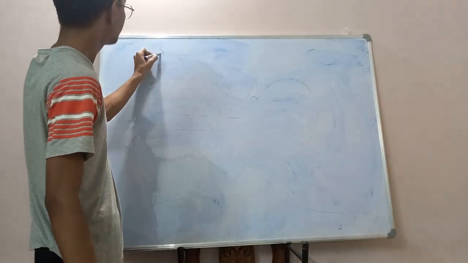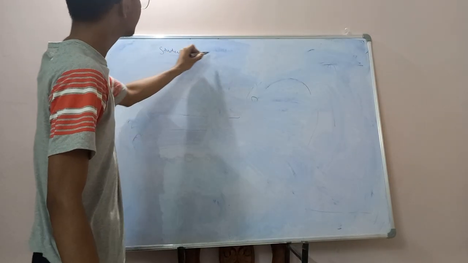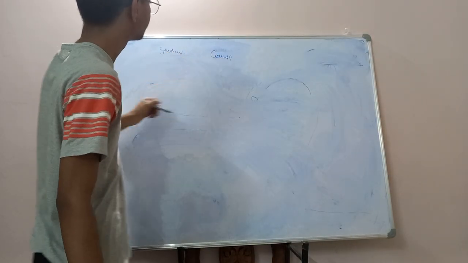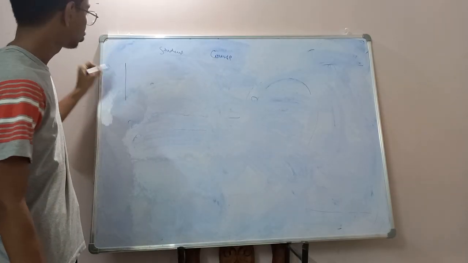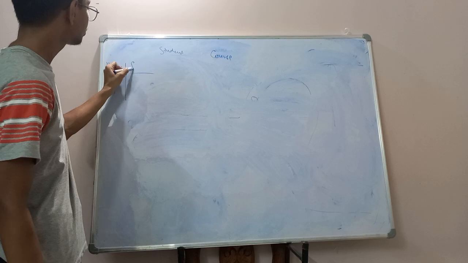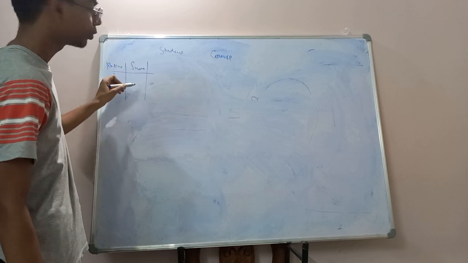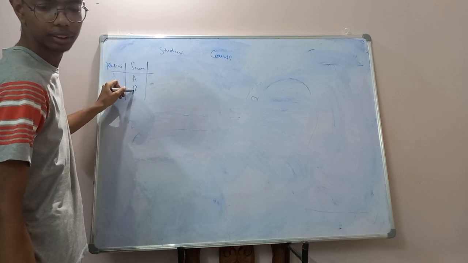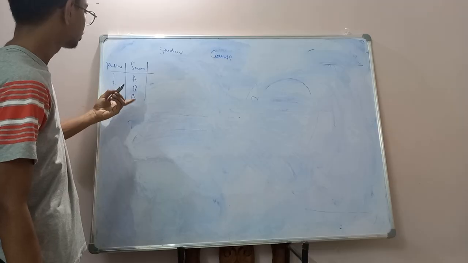Suppose I have a table for a student. I have another table for course, right? Here I am having roll number 1, 2, 3 and the student name, of course, suppose A, B and A, right?